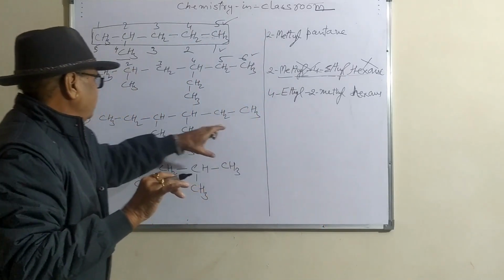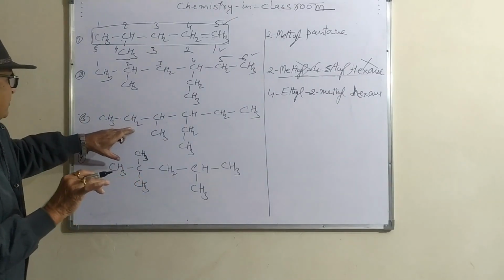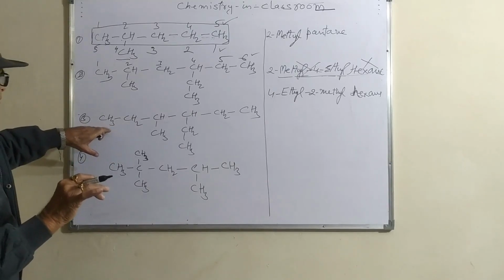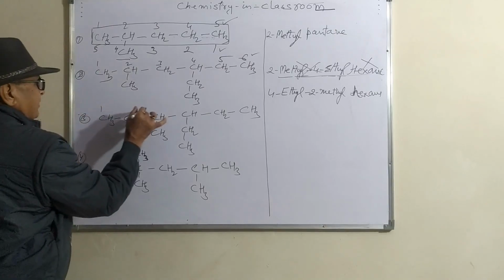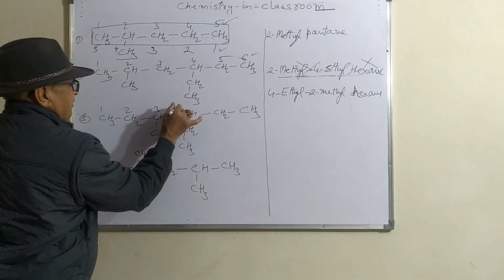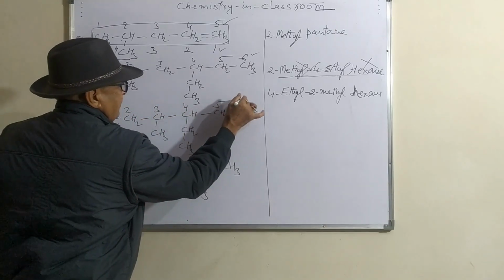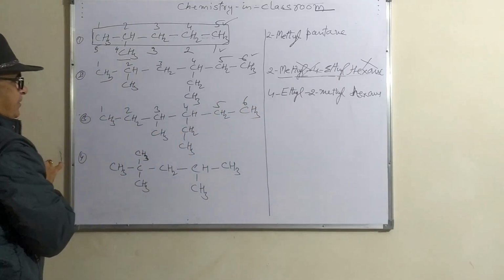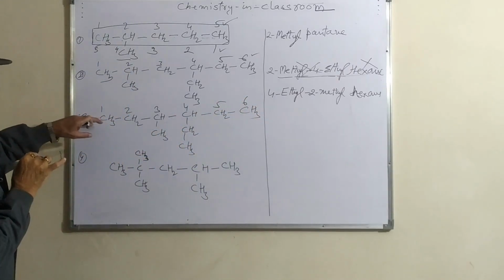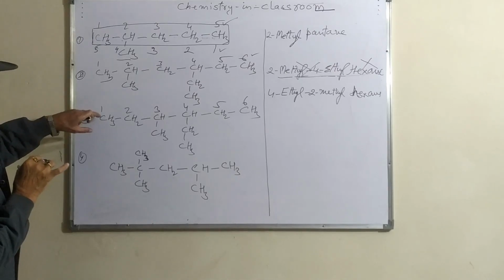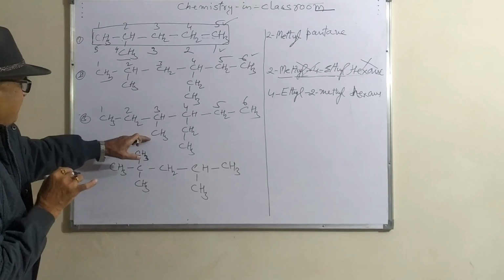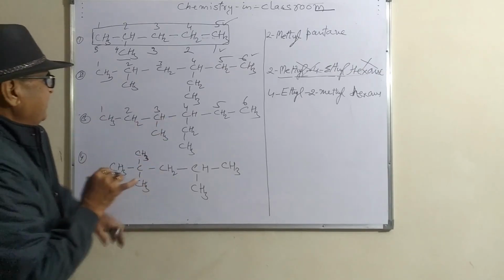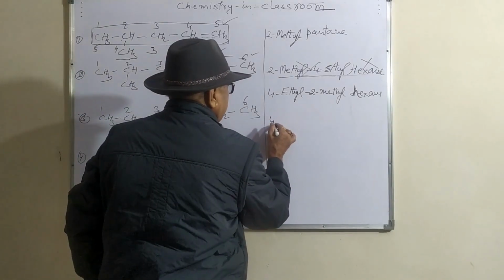Again, I am coming to the third example. This is my third example. This is the longest chain of 6 carbons: 1, 2, 3, 4, 5 and 6. When you give the numbers in this way, 1, 2, 3 from the left hand side, the name of the compound will be 4-ethyl.